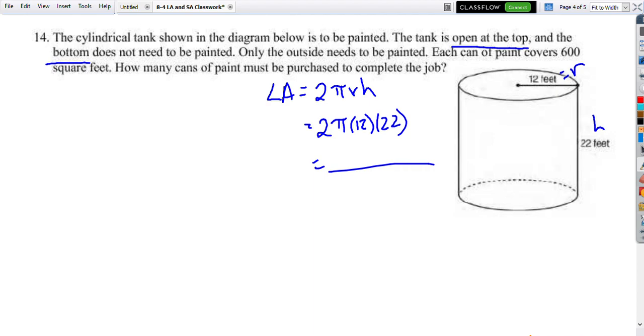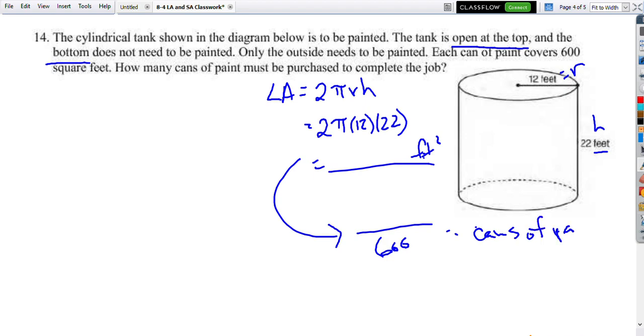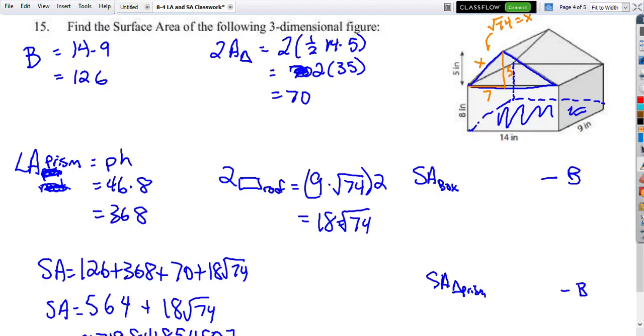Now, each can of paint covers 600 square feet. So this is already in feet, which is good. So this is going to be feet squared. Whatever you get here, you're going to divide that amount by 600, and that's going to be the number of cans of paint. Remember that you cannot buy a fraction of a can. So you're going to have to keep that in mind as you work along here.